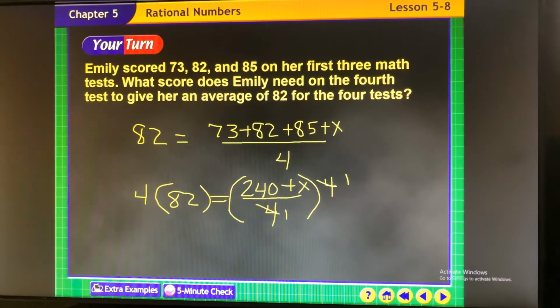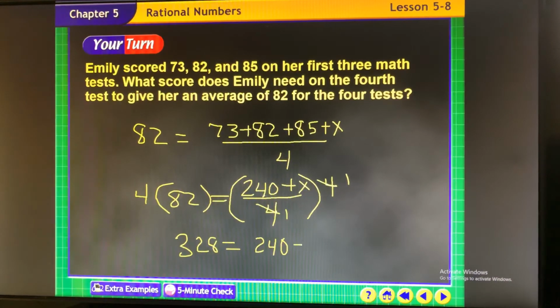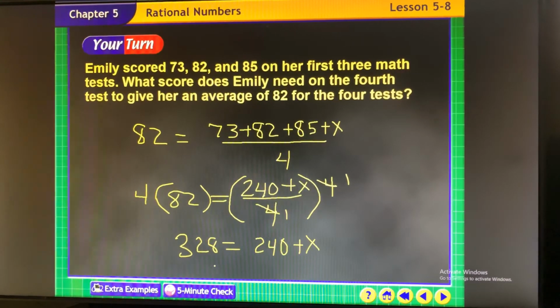And I do 82 times 4 is 328. Equals 240 plus x. And then go ahead and take that 328 and take away 240 from it to find out that she needs to get an 88 on her next quiz.